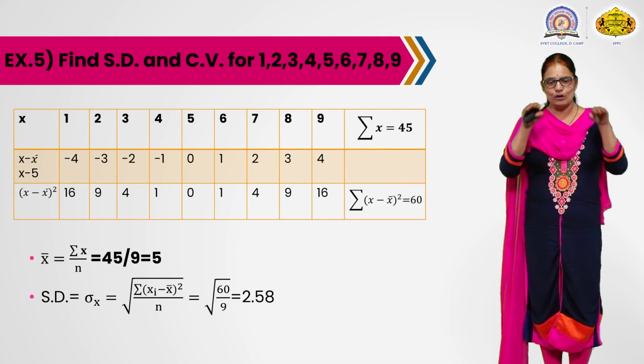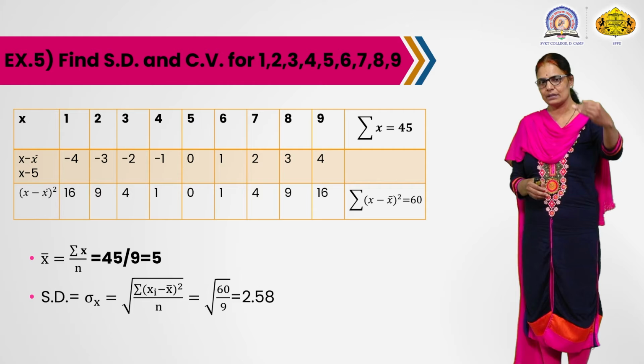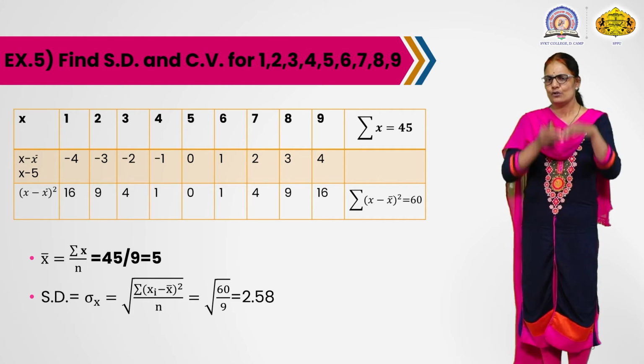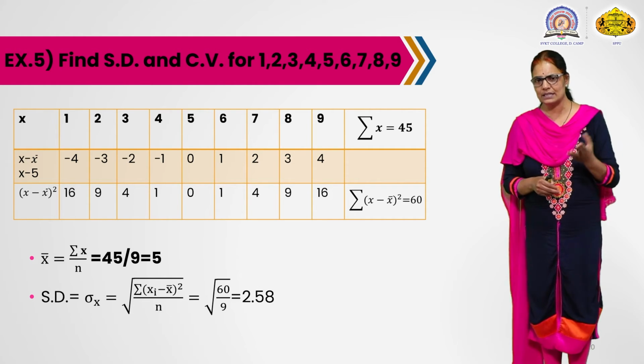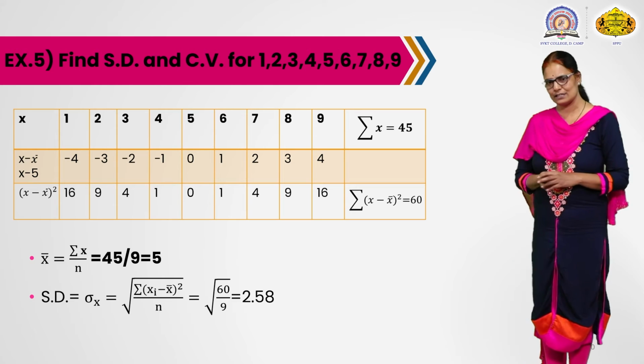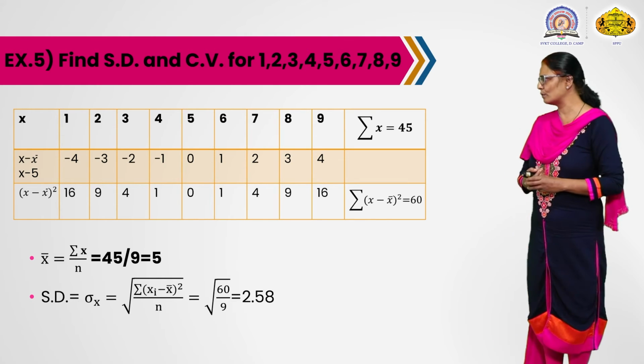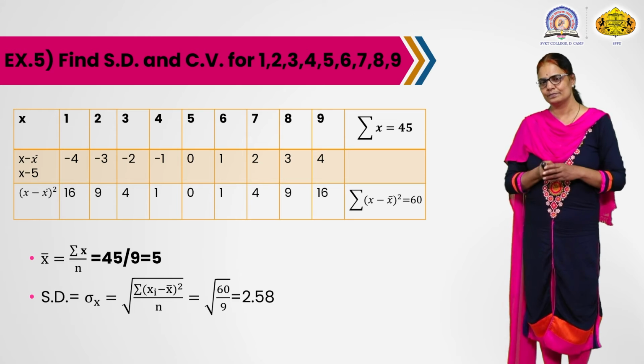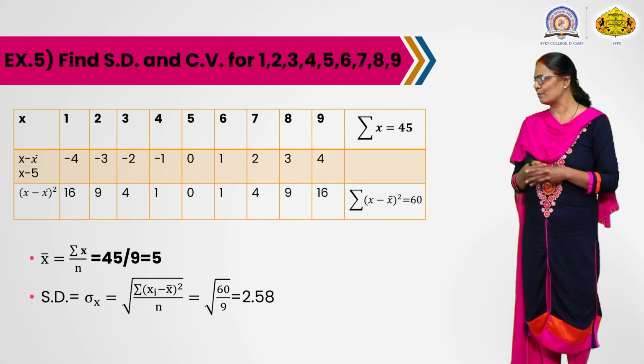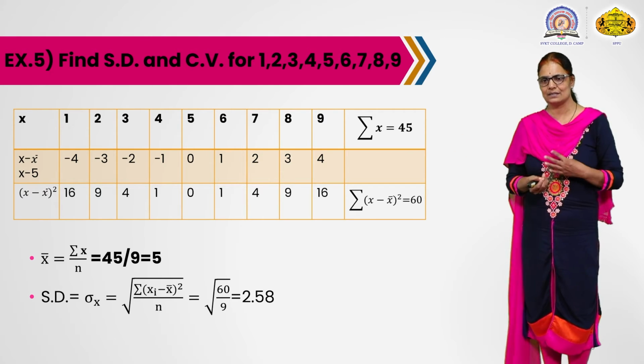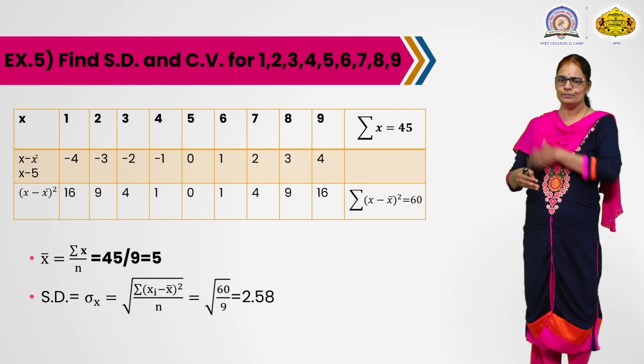According to this formula, we have to prepare the rows or the columns. You can prepare this table row wise as well as column wise. I have written it here row wise just for convenience, that does not matter. You can write vertically also.